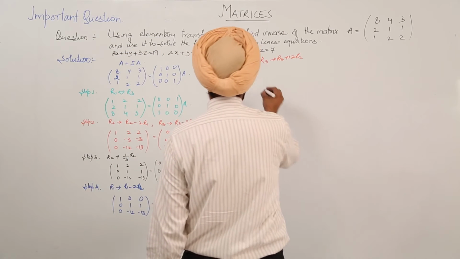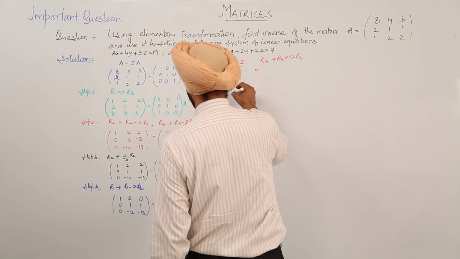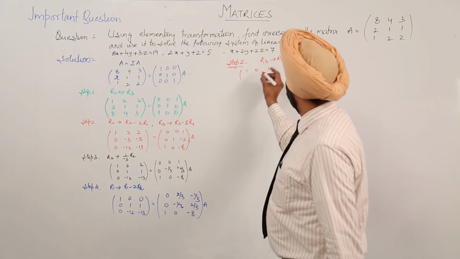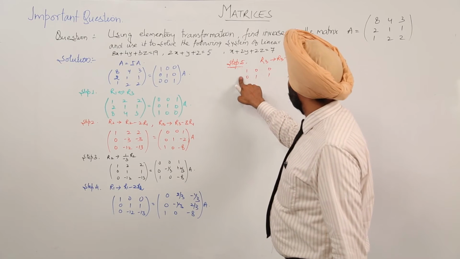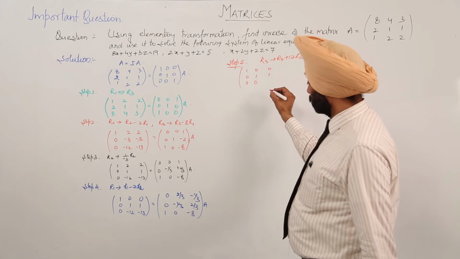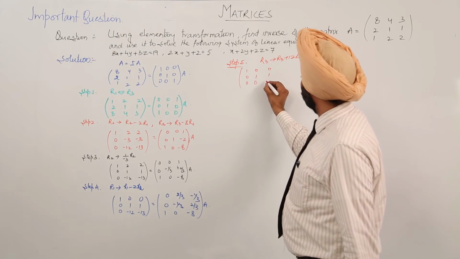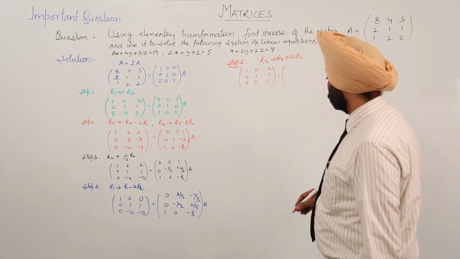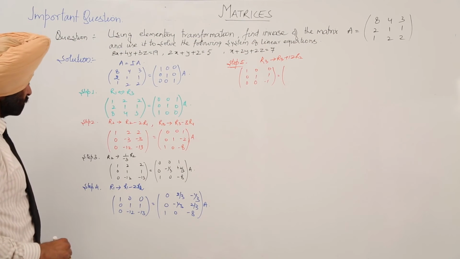Okay, so we are having now 1 0 0, first row as it is, because we are changing R3, 0 1 1, then 0 0. Now R3 is minus 13 plus 12 into 1, so it will become minus 1, equal to, now we are having 0 0 and minus 1.